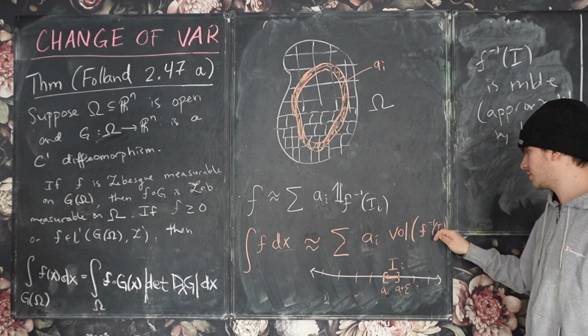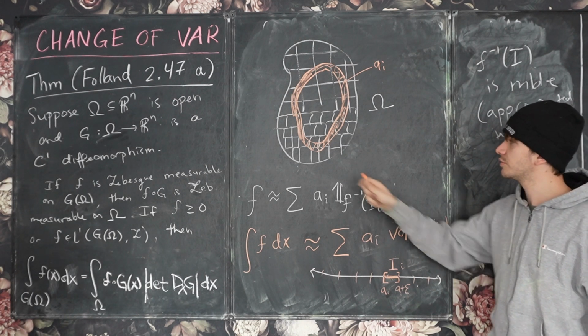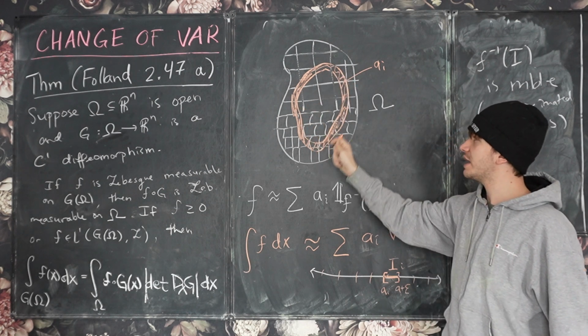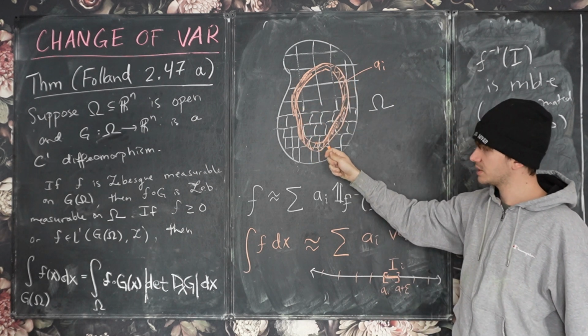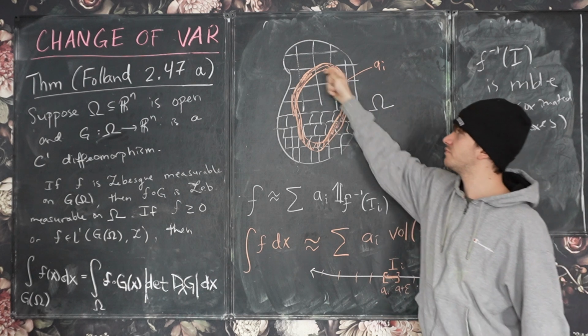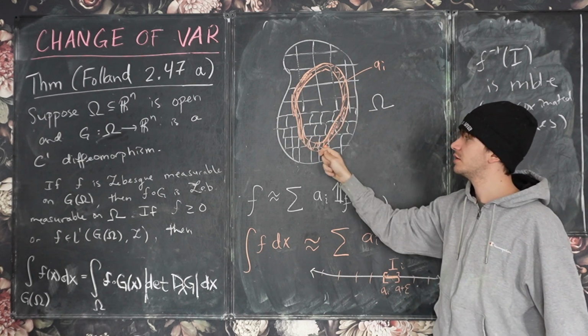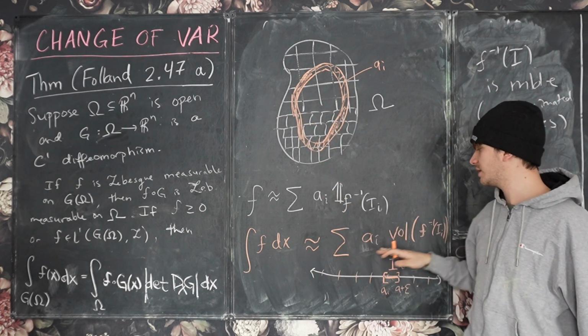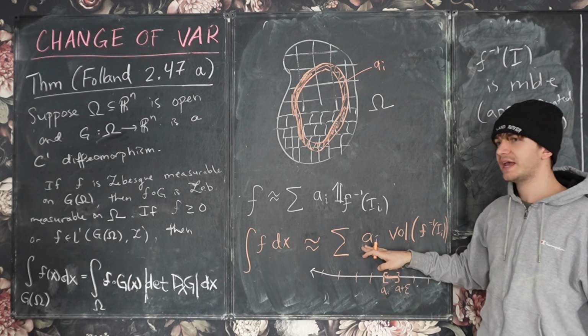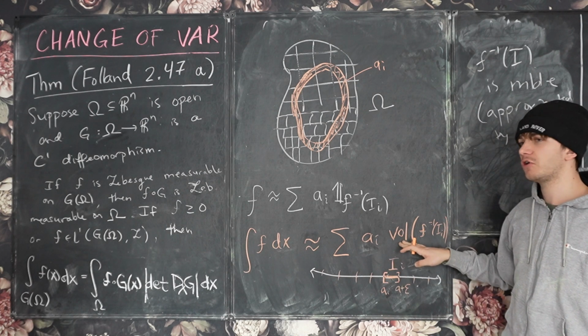Essentially, f takes the value a_i on this level set, so I'll find the volume of this level set, and then scale the weight a_i by the volume of this set.